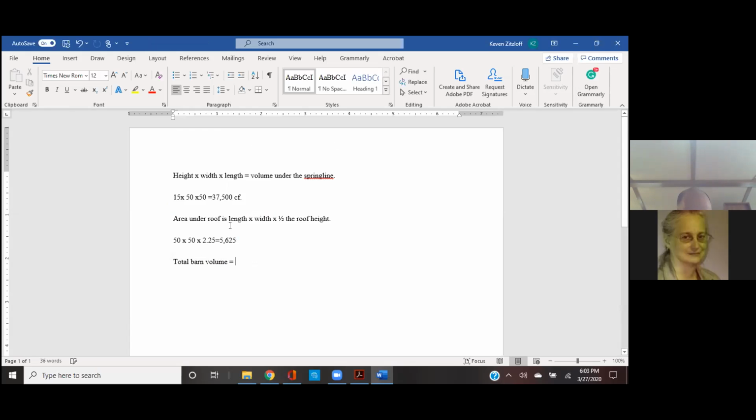So we take the 37,500 plus 5,625. Yep. 43,125. And that's cubic feet, right? That is cubic feet also. And this is cubic feet above here too.